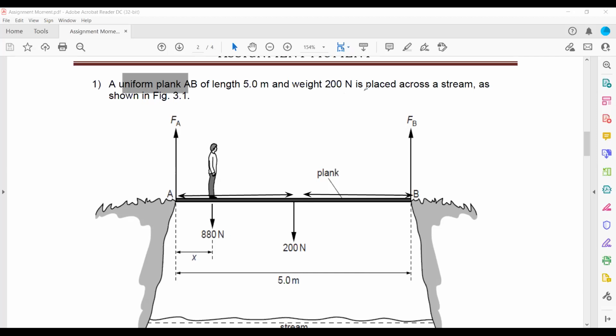A uniform plank AB of length 5 meters and weight 200 Newton is placed across a stream as shown in the figure.